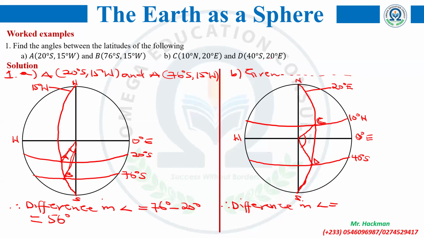This one is north, this one is south. So opposite or same? Opposite. And we said opposite, what do we do with their angles? We add, as simple as that. So your difference in angle will be the 10 degrees angle that you have there plus your 40 degrees angle, which indirectly will give us 50 degrees. Point well made.